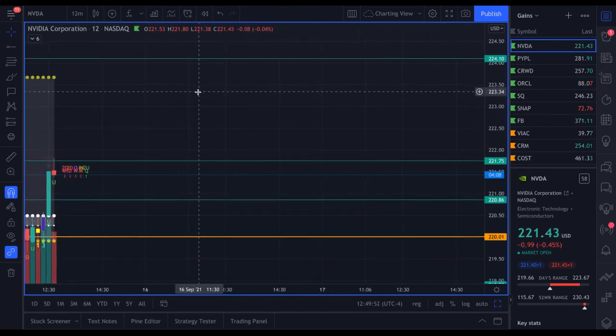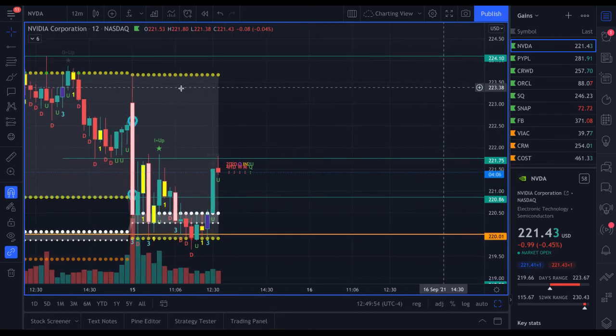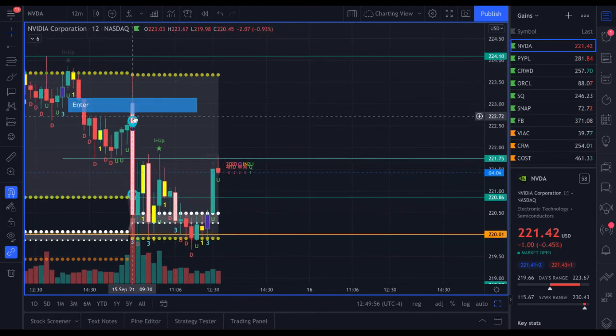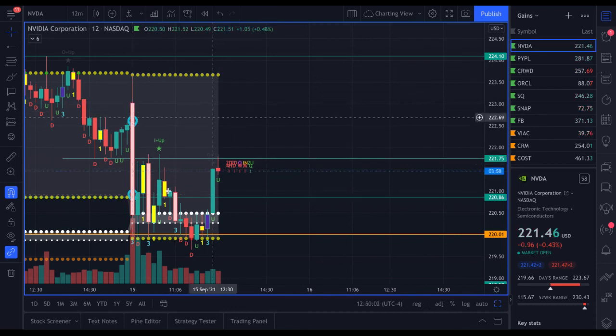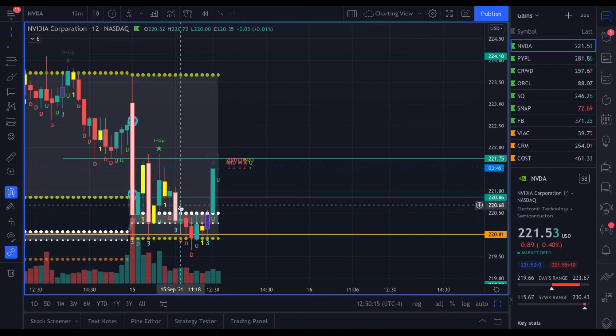So this is the 12 minute. I got in and out all within the span of this first candle here. But that 11:48 where it went down, let's see what that would have looked like. So a 3, so yeah, this would have been a 3-1-2. Probably would have gotten out. Yeah, so I don't know if you were holding, it's Wednesday right now.